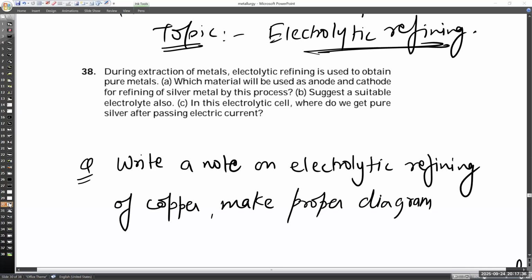We can add H2SO4 to increase the conductivity, but it does not mean that it is used as the electrolyte. Okay, got it? Yes, sir. Where do we get pure silver after the current is passed? At cathode. Okay, done.